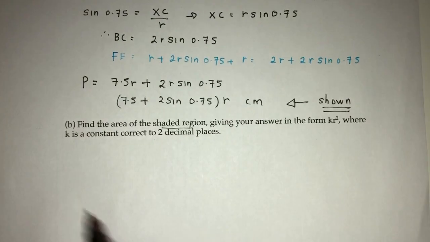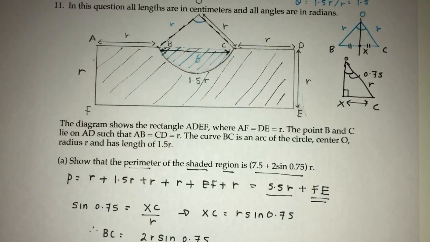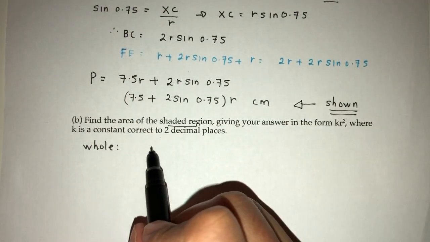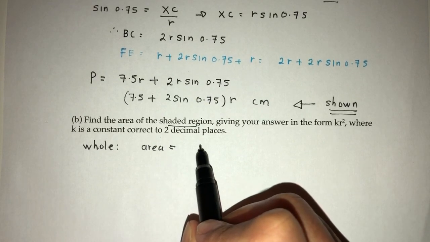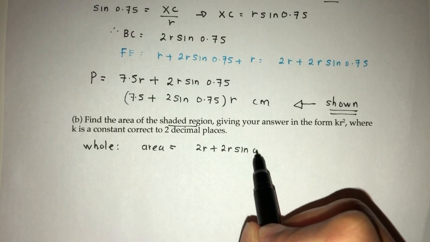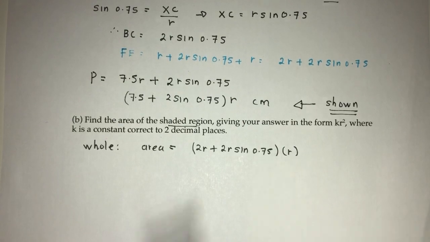The whole area is simply the area of a rectangle. It is the length times the width. The length is FE. FE is given by this, so the whole area will be 2R plus 2R sine of 0.75, length times width. Width is R.